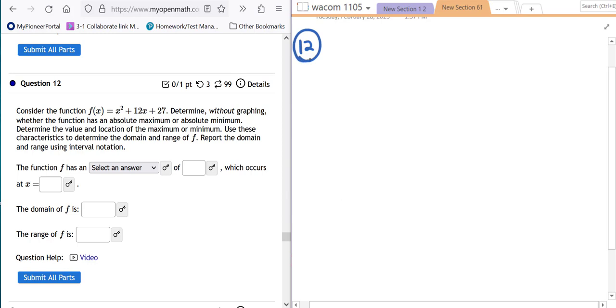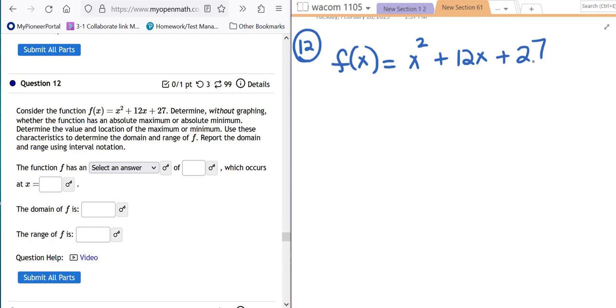All right, this one is giving us a function. It says determine without graphing whether the function has an absolute minimum or an absolute maximum. All you need to know is does it turn upside down or right side up? Your a is 1, so that's positive.